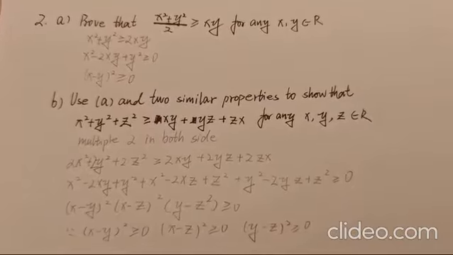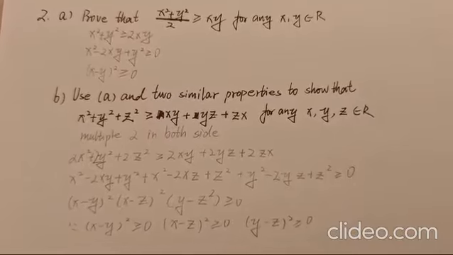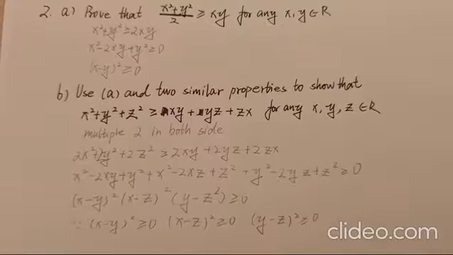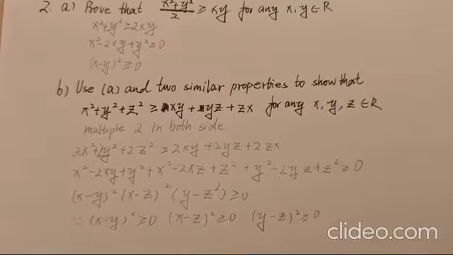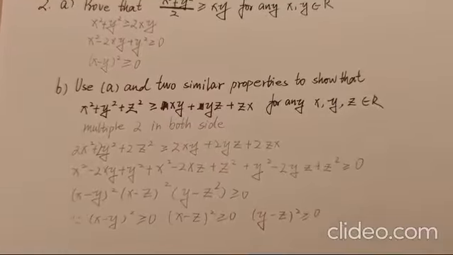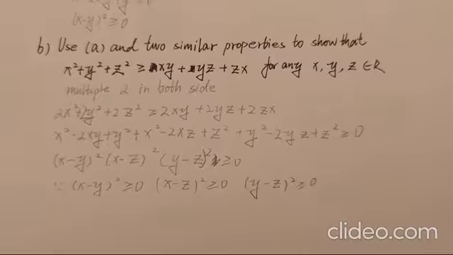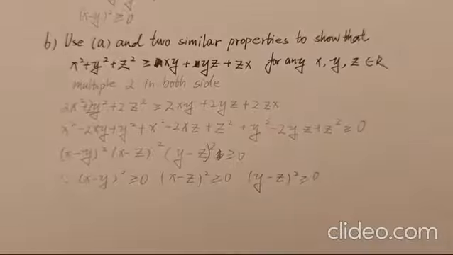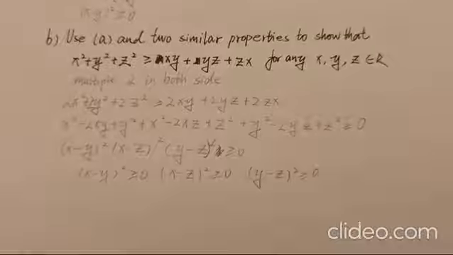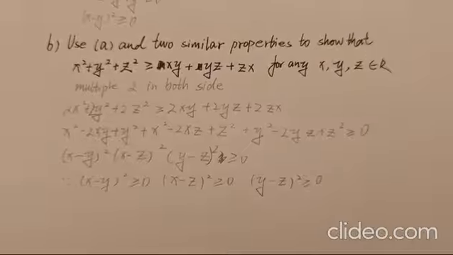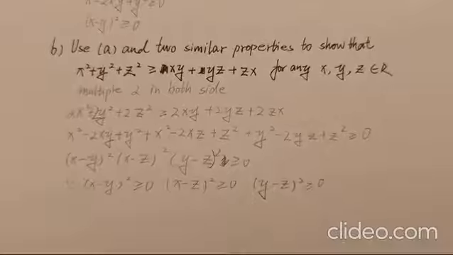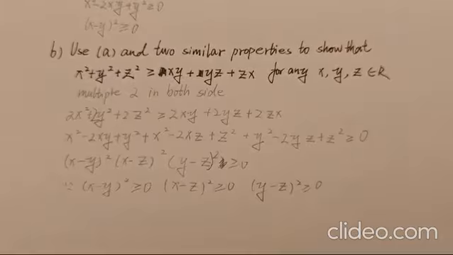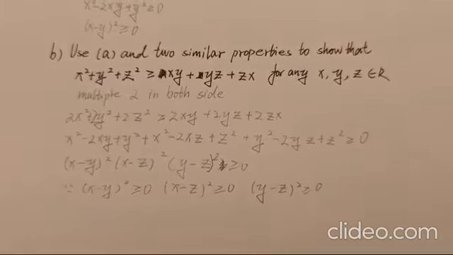We can rewrite the left-hand side as (x minus y) squared plus (x minus z) squared plus (y minus z) squared. And we know that (x minus y) squared, (x minus z) squared and (y minus z) squared are each greater than or equal to 0. So their sum is also greater than or equal to 0.